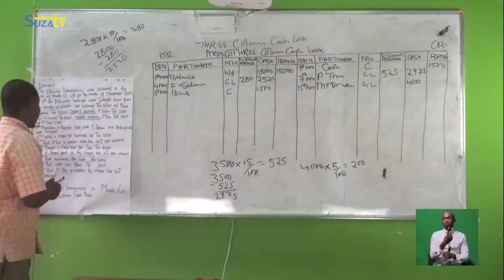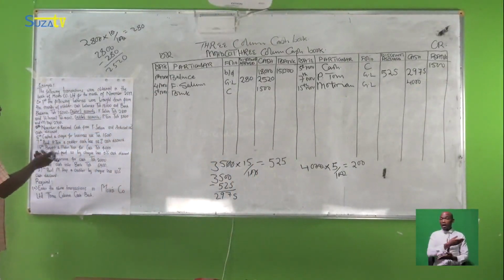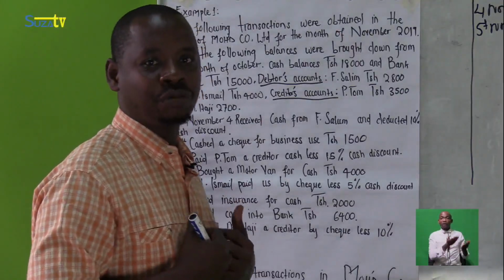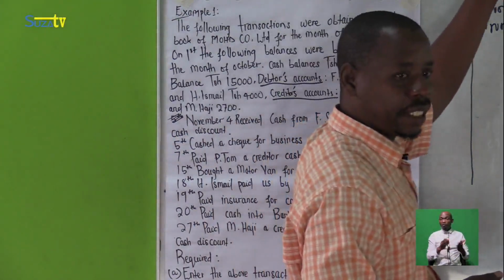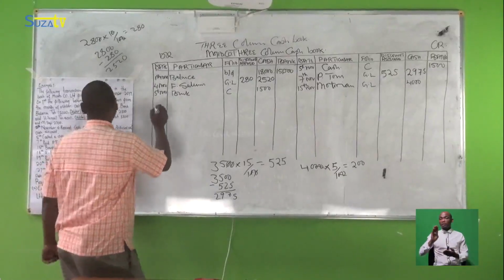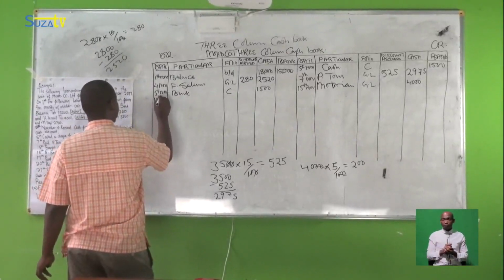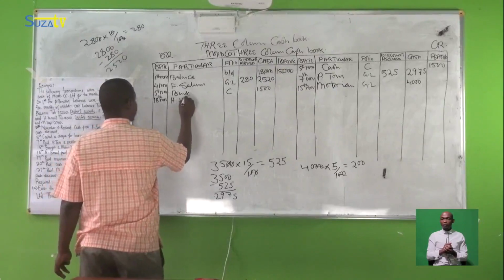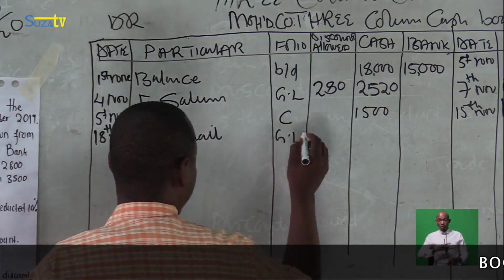If H. Smile paid us, it means the business received the amount of money. The side of receipt is the debit side. You write here 18th November, H. Smile, general ledger.